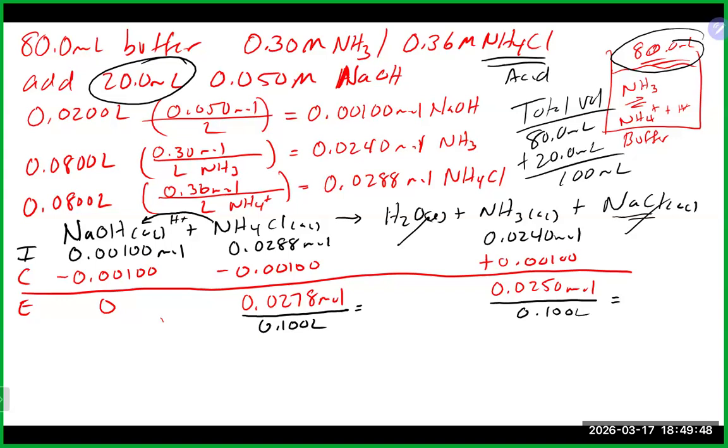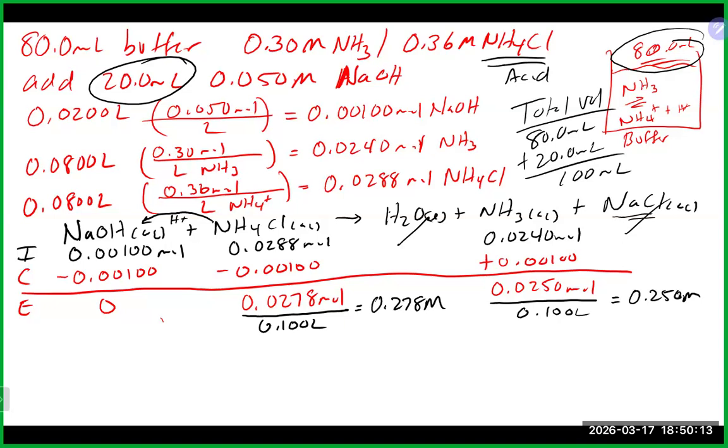So if we do that there, it's going to move a little decimal point over. 0.25 molar. And obviously here, 0.278 molar. Any questions so far on the ice table or where any numbers came from?